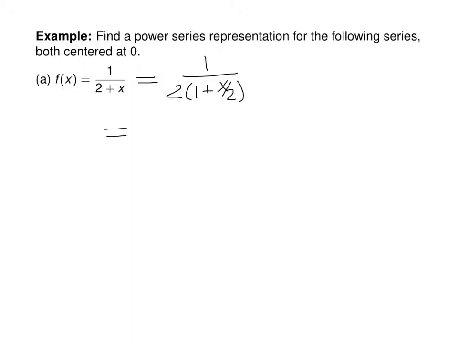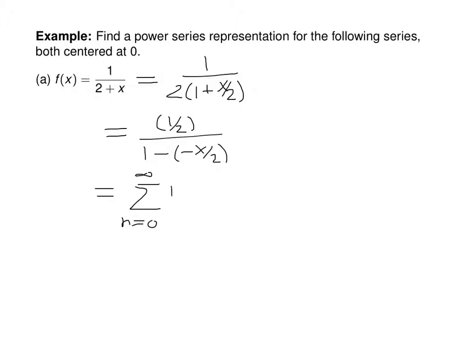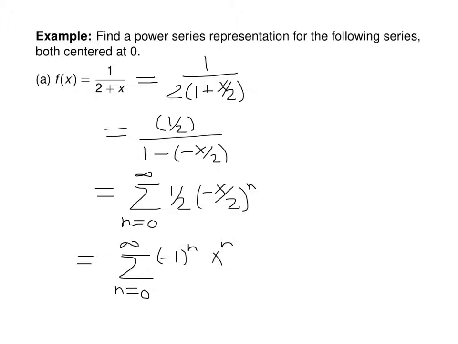And then I can make it into 1/2 over 1 minus negative x over 2, which then becomes a sum from 0 to infinity, 1/2 multiplied by negative x over 2 to the nth, which is the same thing as the sum from n equals 0 to infinity, negative 1 to the n, x to the n, over 2 to the n plus 1. Alright, so there's an expression for f of x.